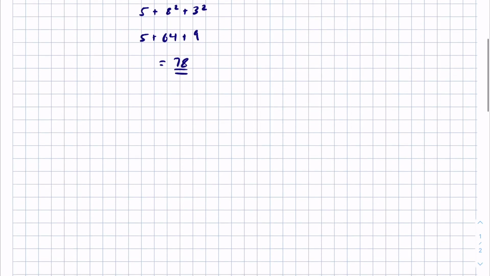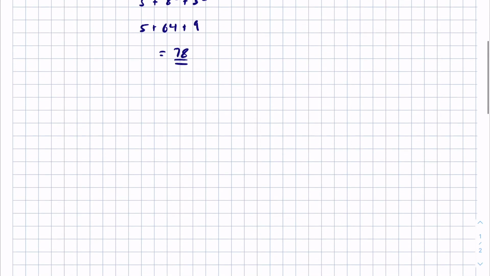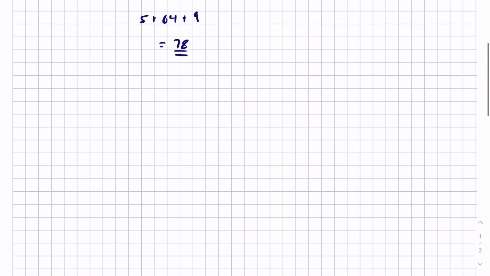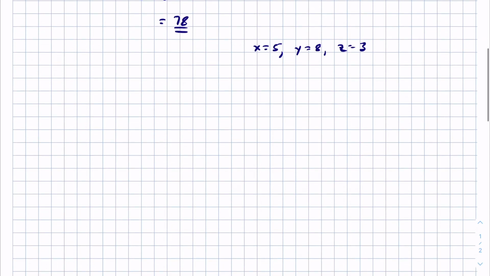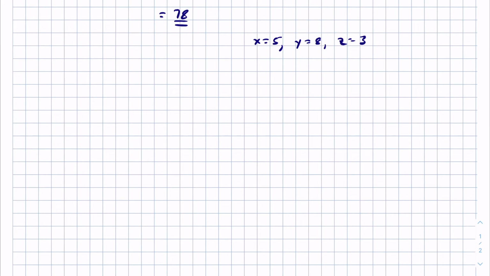Let's keep the original condition of x to be 5, y equals 8, and z to be 3, and solve another expression. I'm just going to rewrite these here so that we don't forget about them. And then say we're trying to solve this one.